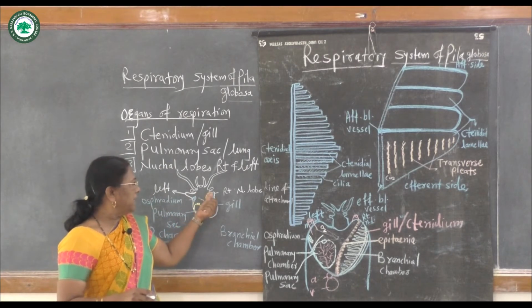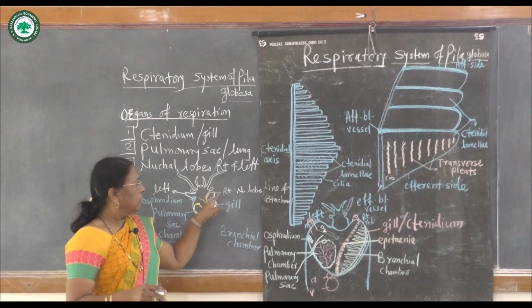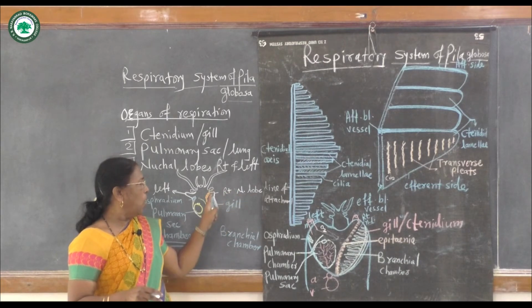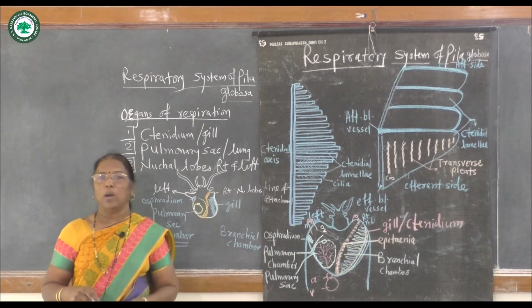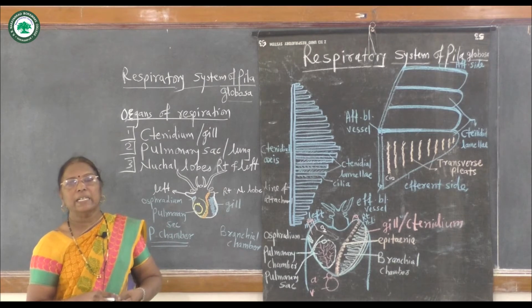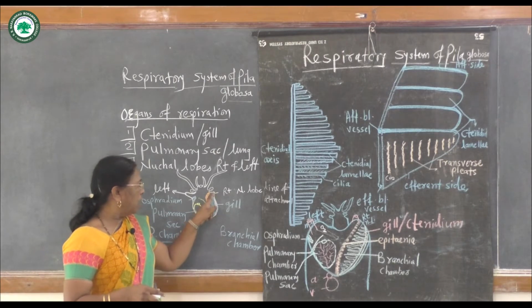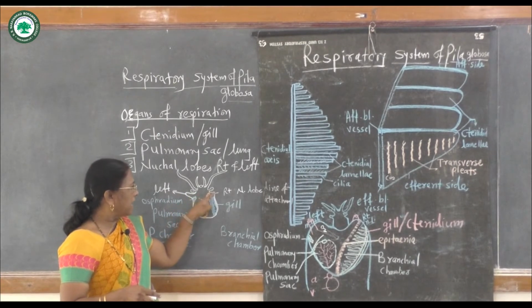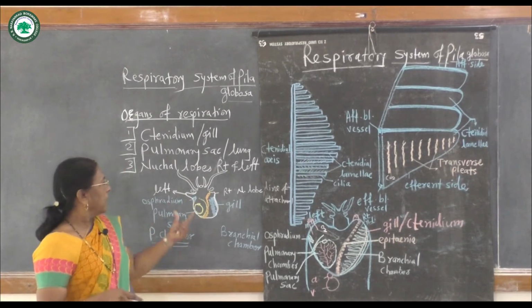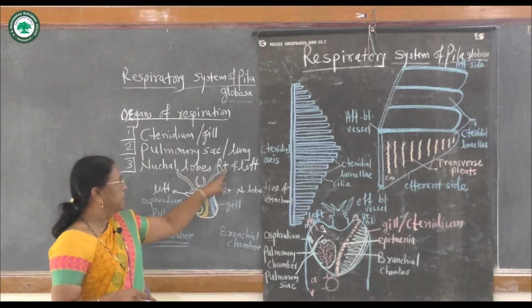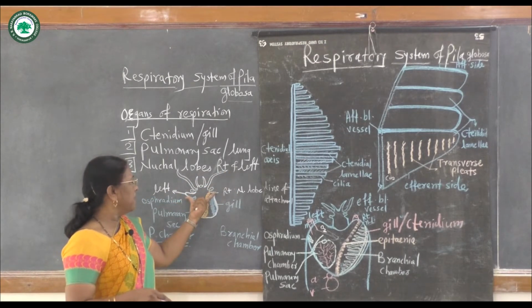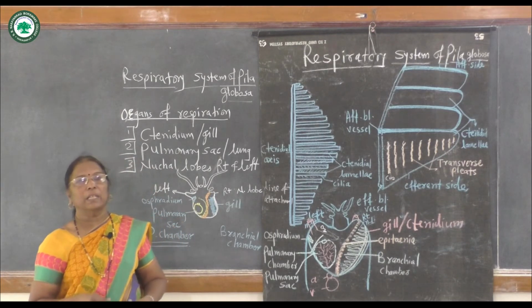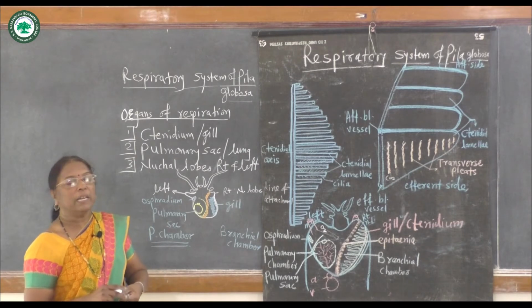On the right side there is a small lobe called the right nuchal lobe, right pseudopodium, or right siphon, which is small compared to the left. The left is larger and the right is smaller. These nuchal lobes, right and left, are present behind the head on either side. They are nothing but modifications of the mantle itself.